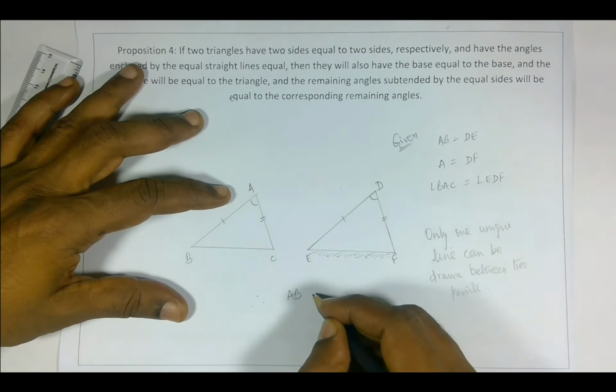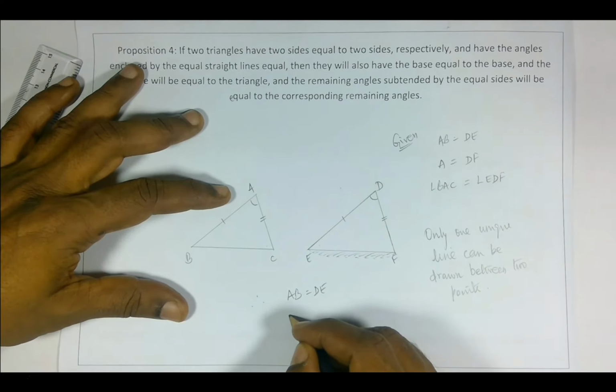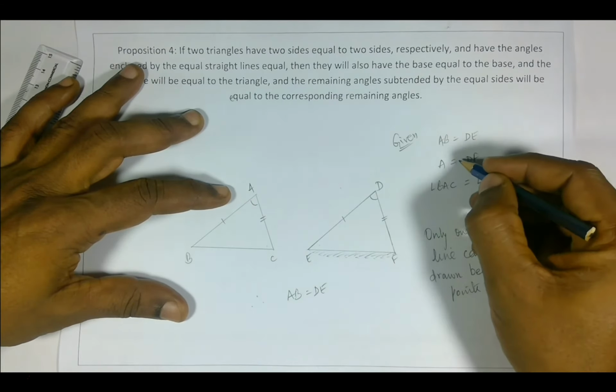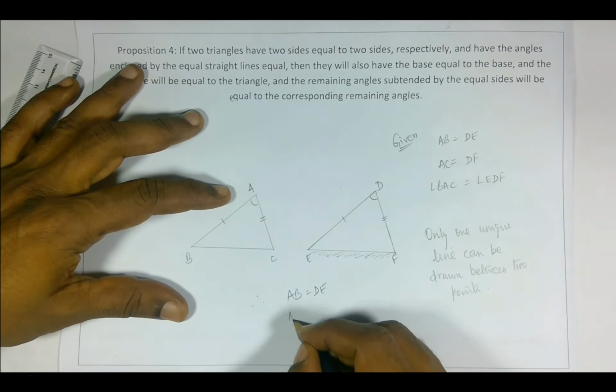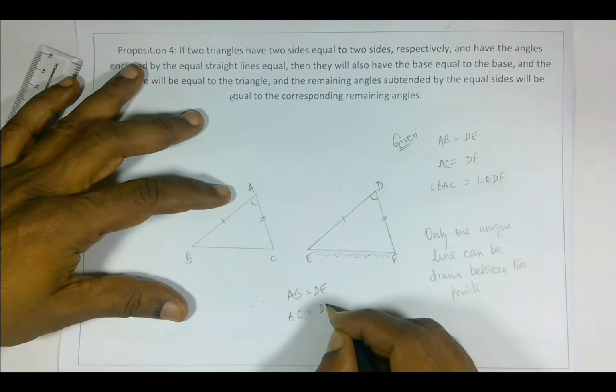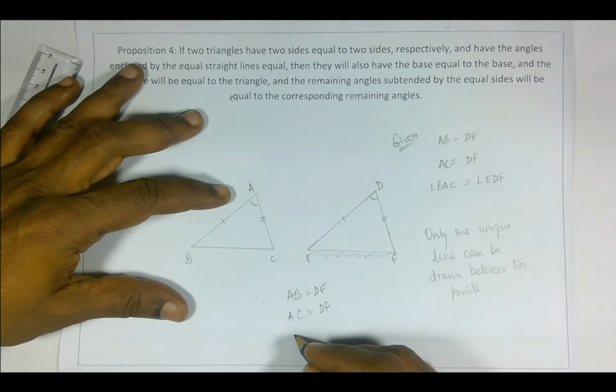So therefore AB equal to DE. This should be AC. AC is equal to DF. BC is equal to EF. Implies.